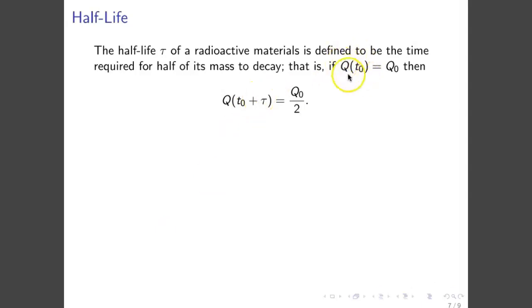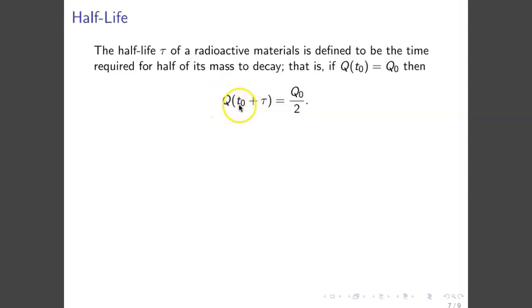So assuming that q is an exponential function of t, and assuming that we have an initial condition, initial amount of material q sub 0, the so-called half-life is the time that is required for the material to become half of what it was, right? So it is the time, say, tau units after the initial time t sub 0.